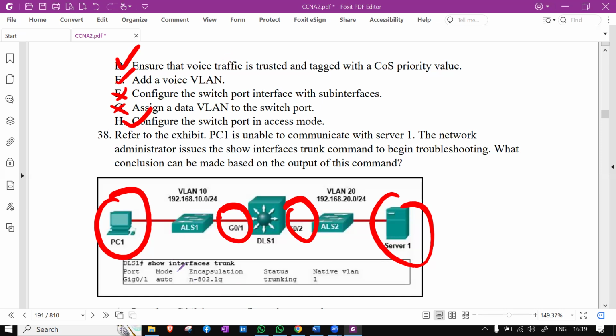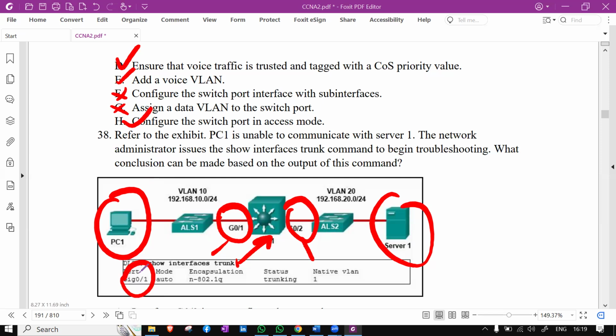Then show interfaces trunk of this device, what should it be showing? It should be showing two links up, two ports, this port and this port, as trunks. And here we only have one trunk. So that's the problem, I think.